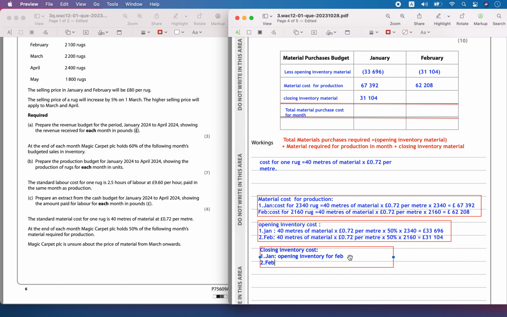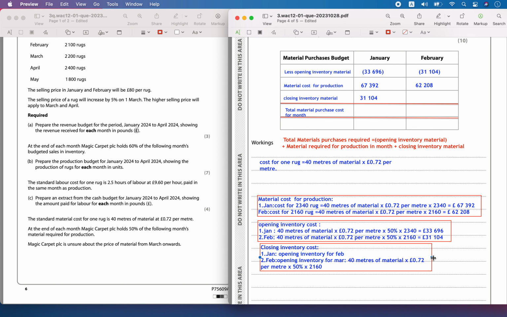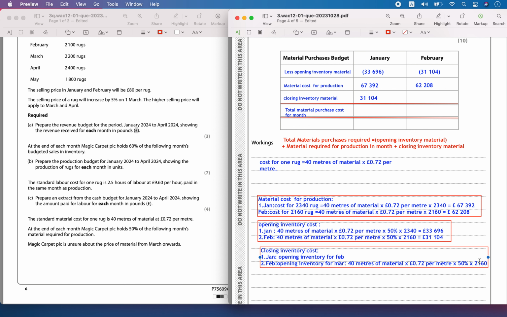And for February, it is going to be equal to the opening inventory of March. The opening inventory for March we have not calculated, so let's calculate that. That is going to be equal to 40 into 0.72 and 50% of the next month, that's going to be held.